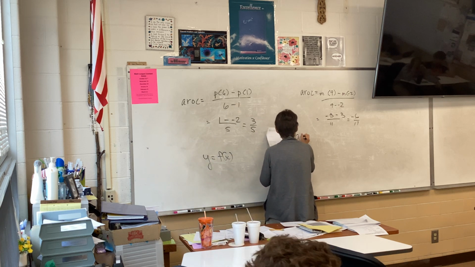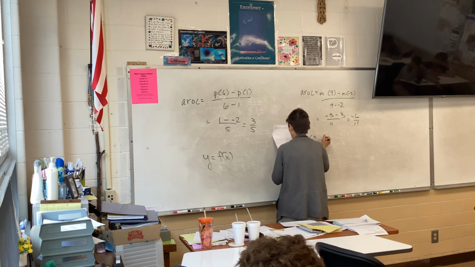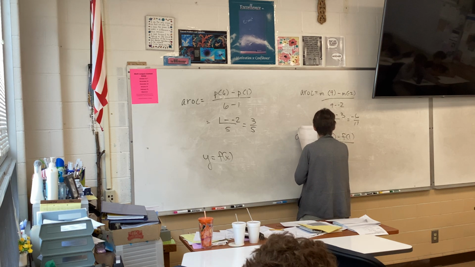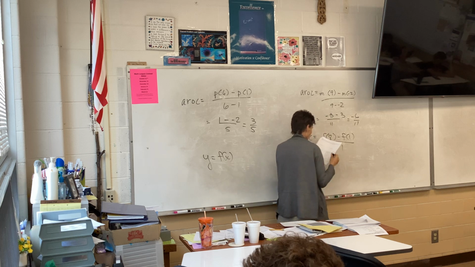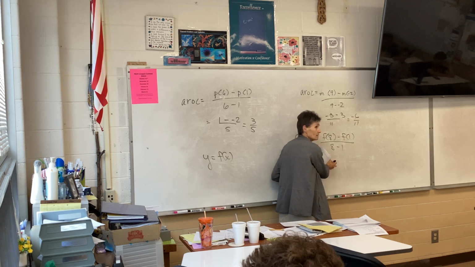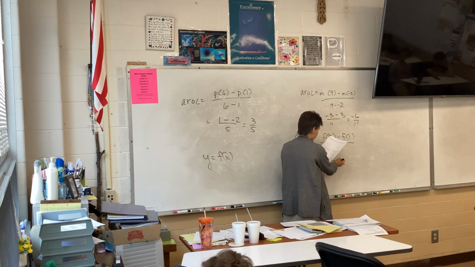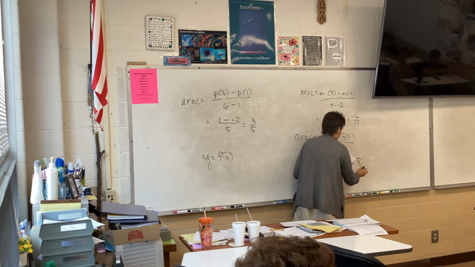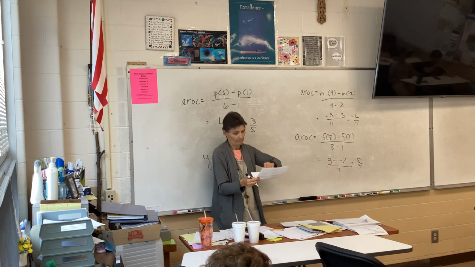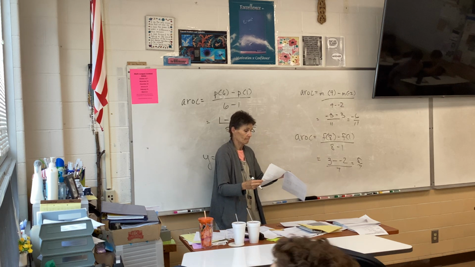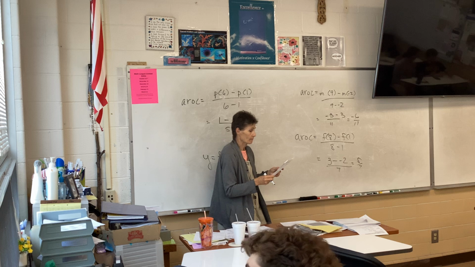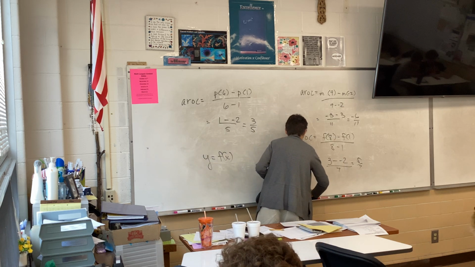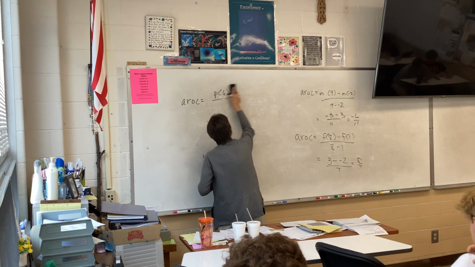So when you do f of 8 minus f of 1 over 8 minus 1, f of 8 is 3, f of 1 is -2, I got 5/7. What's your thought about number 8?